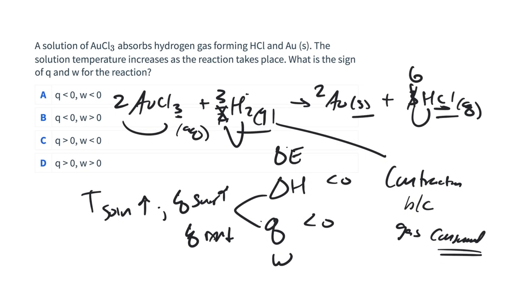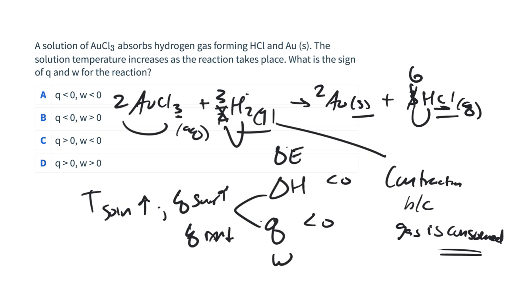Let me rewrite the word consume since I'm being too sloppy. So we're consuming gas during the reaction. We're losing gas molecules. That's going to lead the surroundings to contract inward onto the reaction.